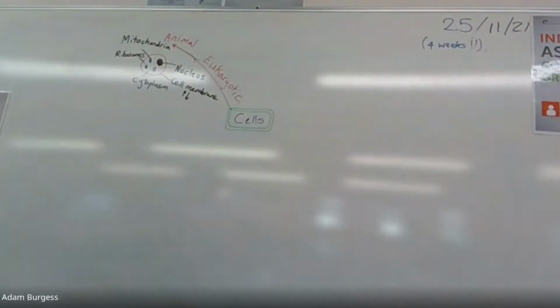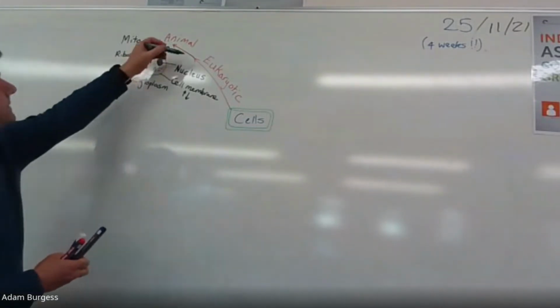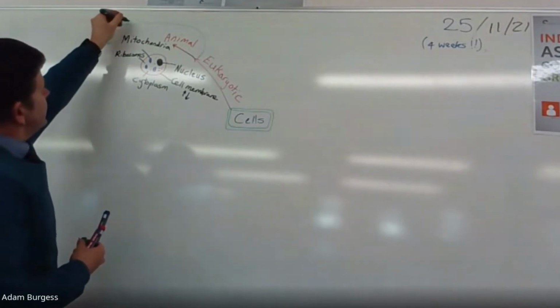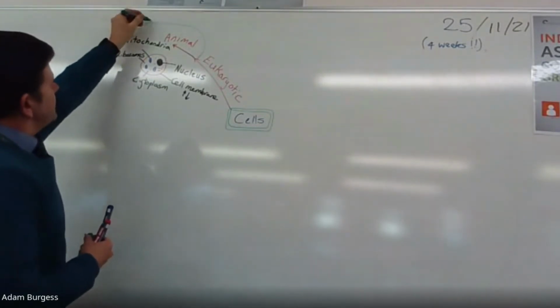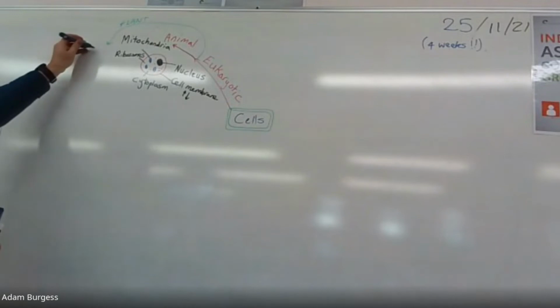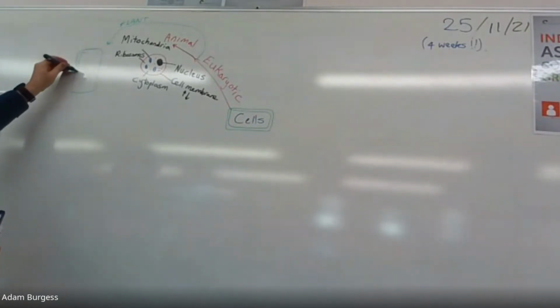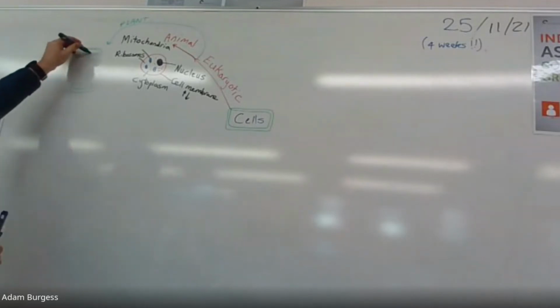Right, okay. So plant cell, I'm going to do a plant cell here. Now, plant cell is pretty much the same, okay, except it's got a few differences. We'll talk about what those differences are in a minute.